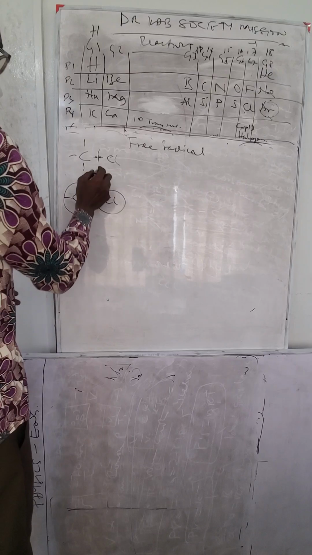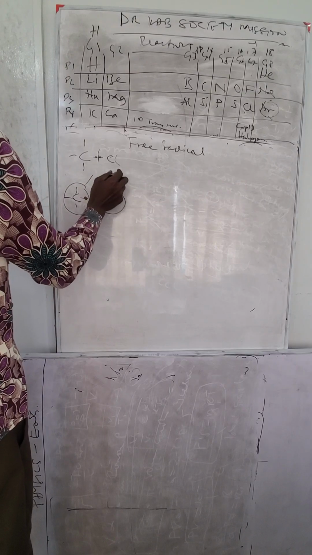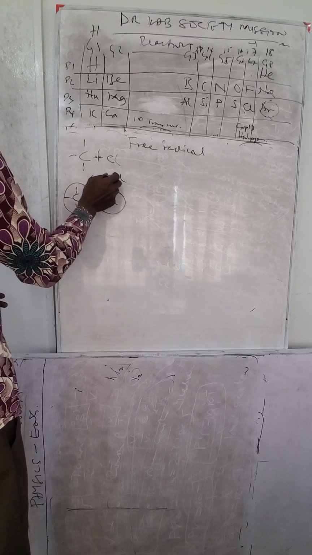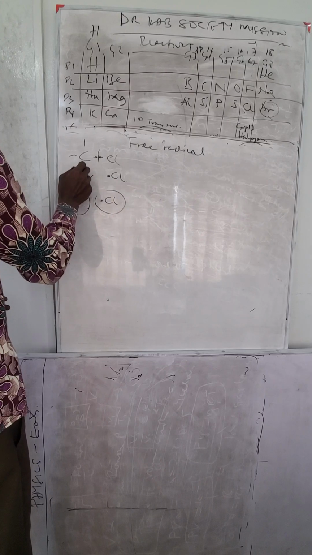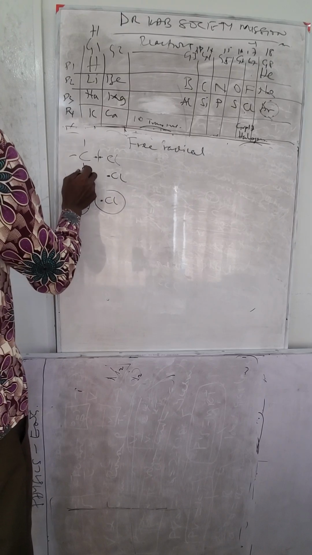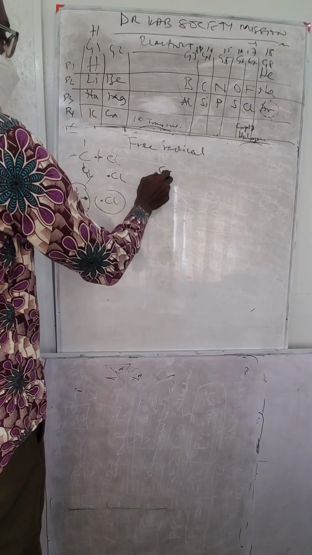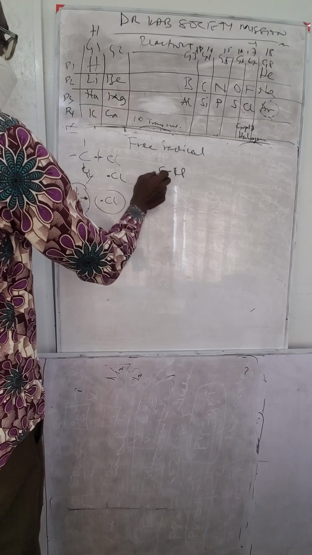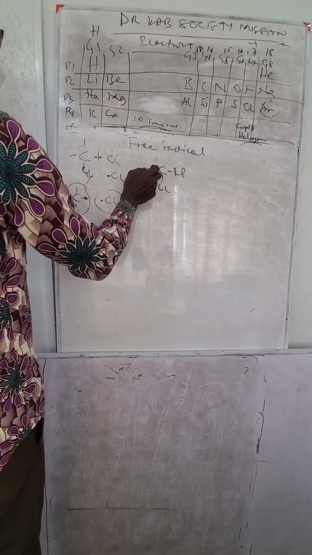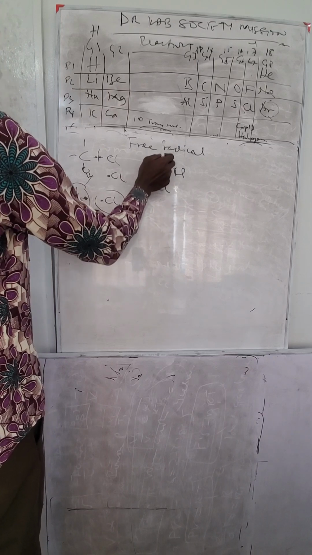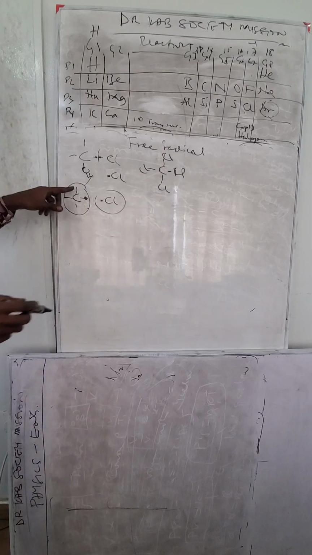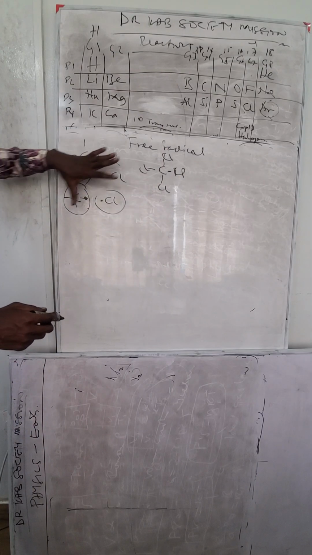Okay, if you have this one, let's say you have more chlorine in here, this can go on. If you have another one here, it can abstract, take one hydrogen here, so that at the end you have this with maybe another chlorine, until you have chlorine saturating all the points. Okay, through this chain reaction of free radicals.